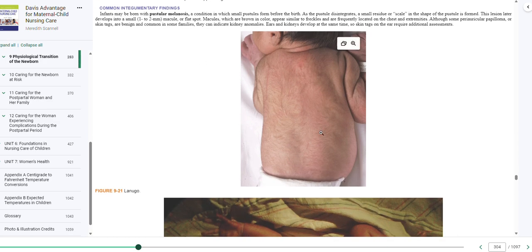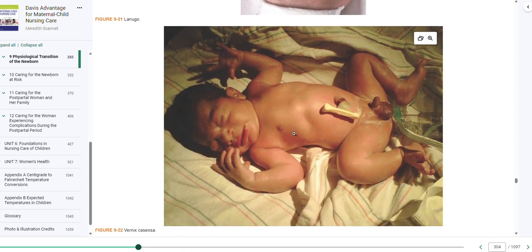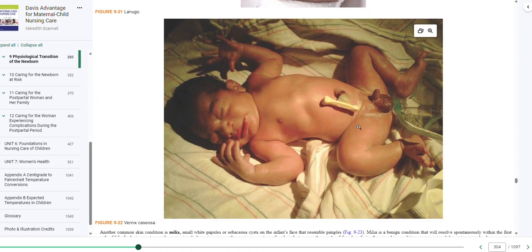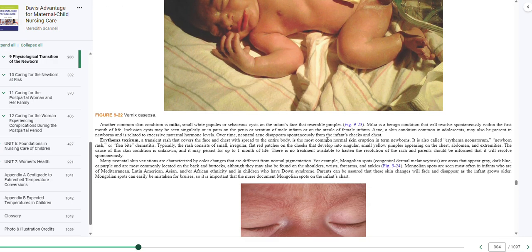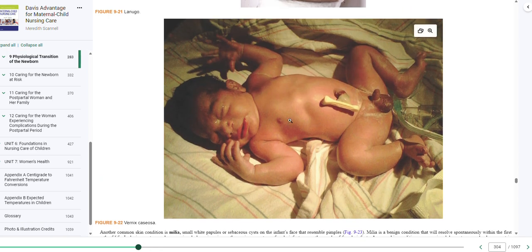When you're assessing lanugo, and of course it's on the Ballard scale, it's the fine hair all over the body, okay? Vernix caseosa is that waxy, sticky white substance that's in all of the creases on the baby. This serves as a water protectant, almost like a wax, to protect the skin from the amniotic fluid. That's why your babies aren't born looking like a raisin, because they have this vernix to protect their skin.